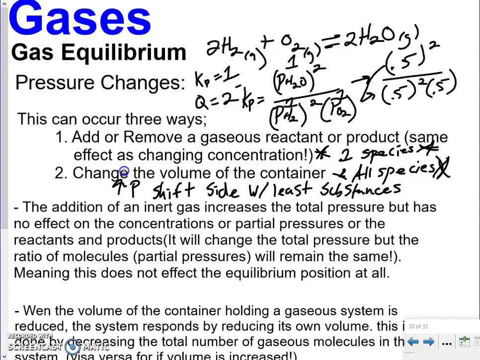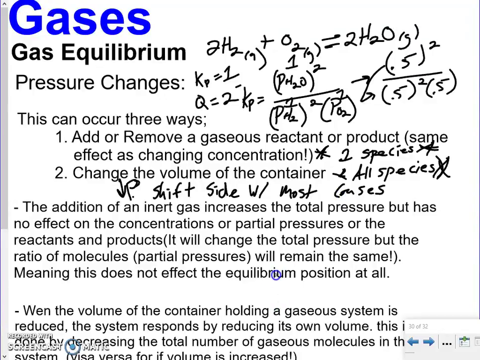So increasing pressure, it's going to try to relieve that pressure by getting rid of some of the collisions, which means shifting to the side with the least amount of substances. Okay, well, what if I was to decrease pressure? Well, it's going to try to increase the amount of collisions, so therefore it's going to shift to the side with the most amount of gases or substances.